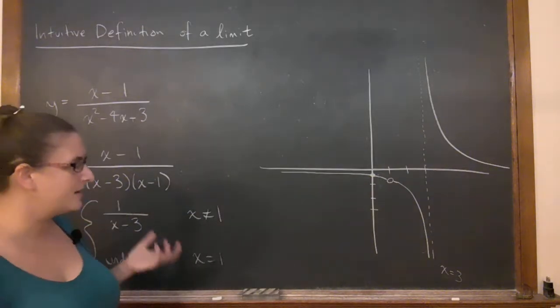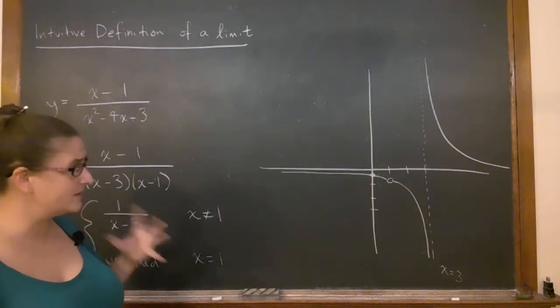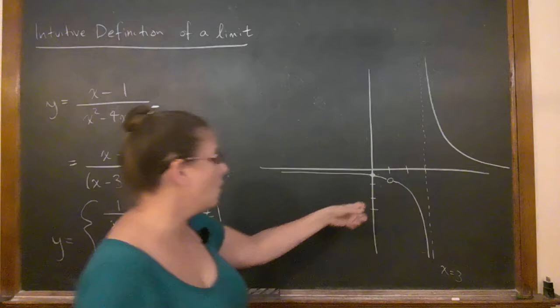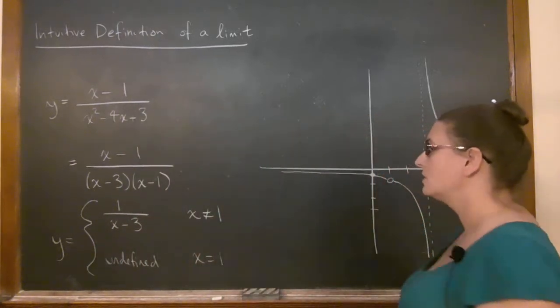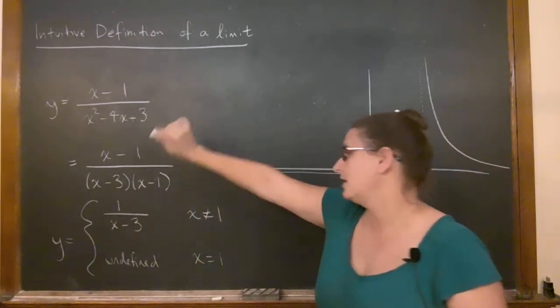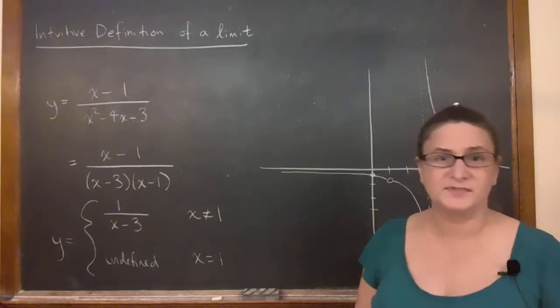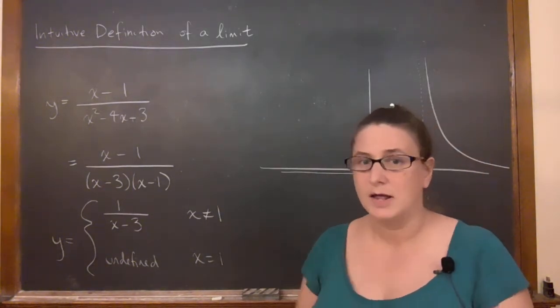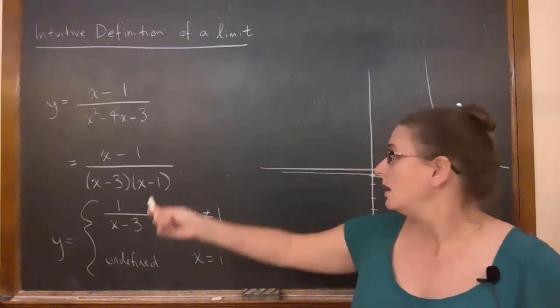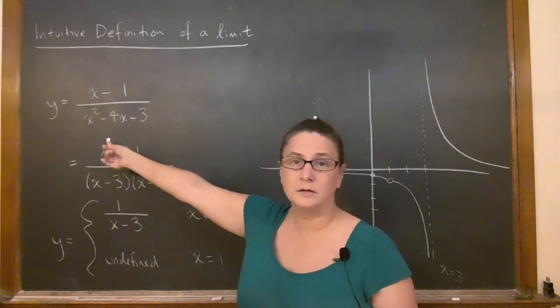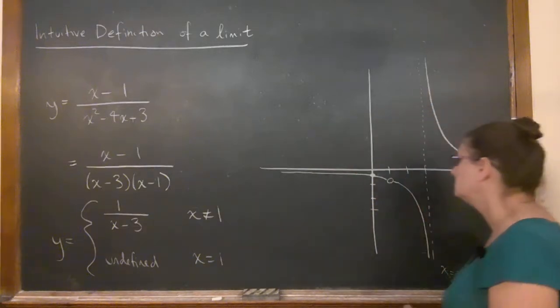The reason I wanted to pick something like this is so that you can see this business with the hole and the way it comes from the algebra here. If you just go to Desmos, say, or GeoGebra, or even your handheld calculator, and you put this in, more than likely, you're going to get this.